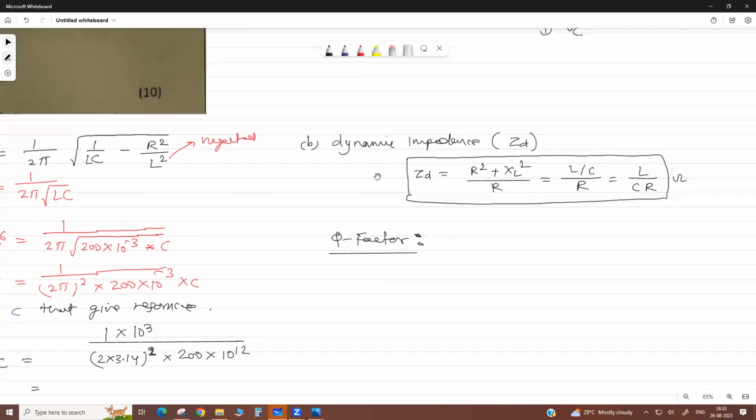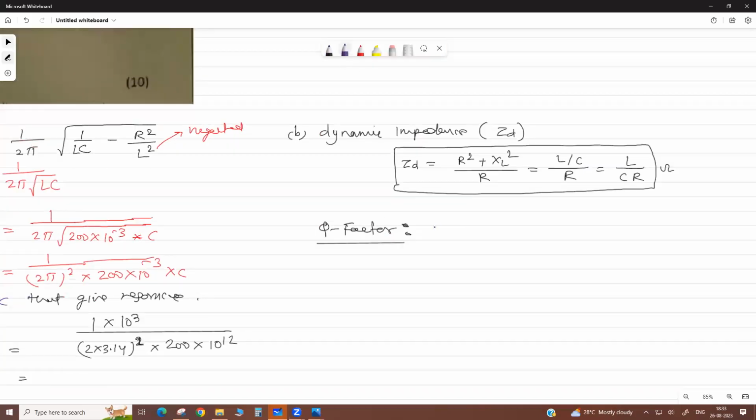C is an ideal capacitor, so there is no power loss. The Q factor of a tank circuit is defined as the ratio of energy stored to energy dissipated.